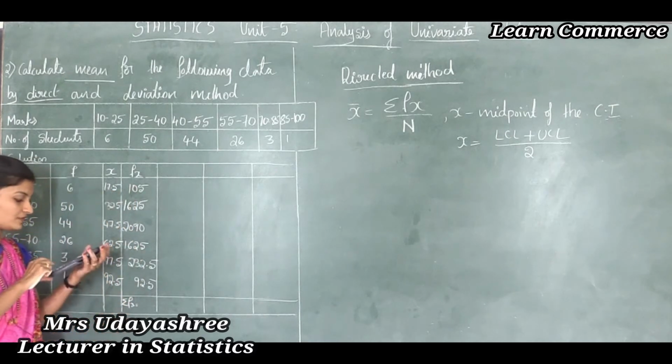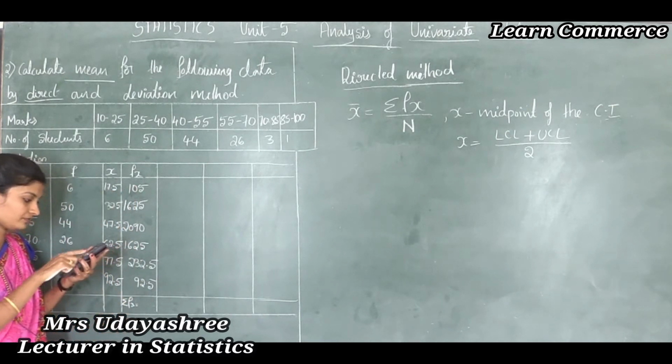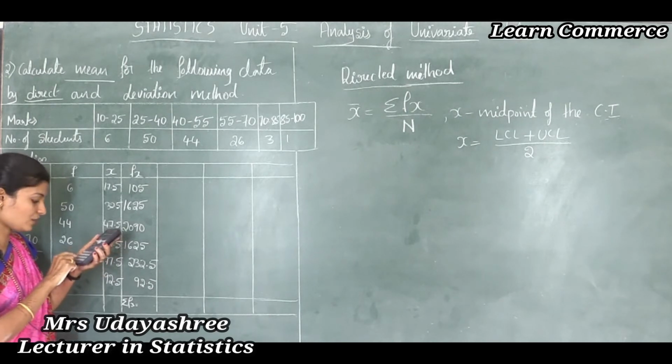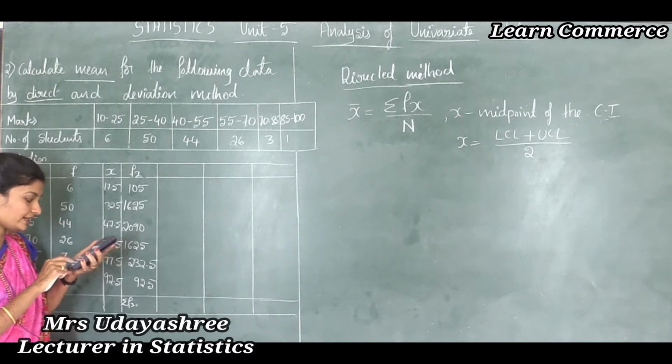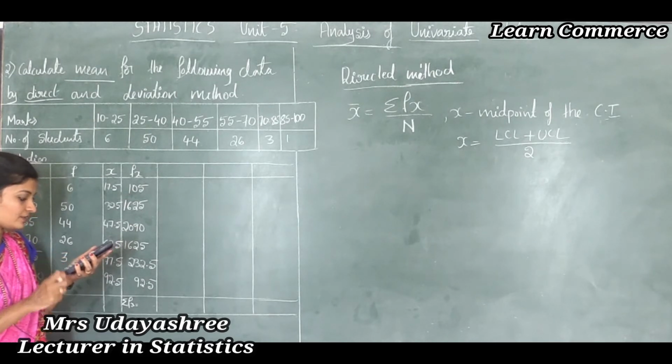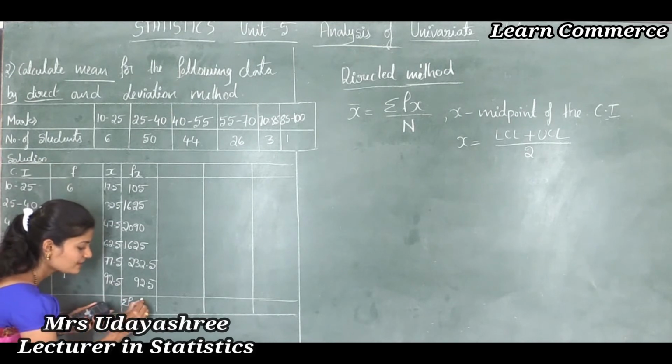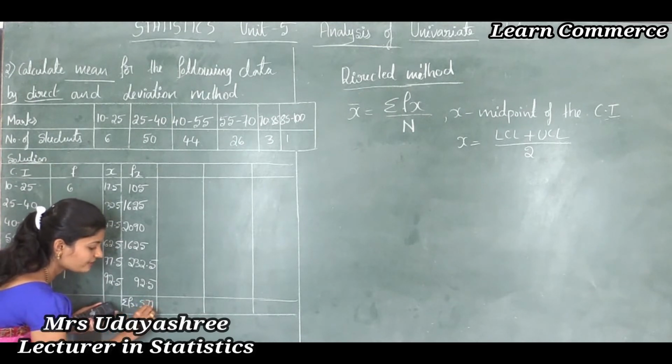The first observation is 105 plus 1625 plus 2090 plus 1625 plus 232.5 plus 92.5. So the sum of fx is 5770.